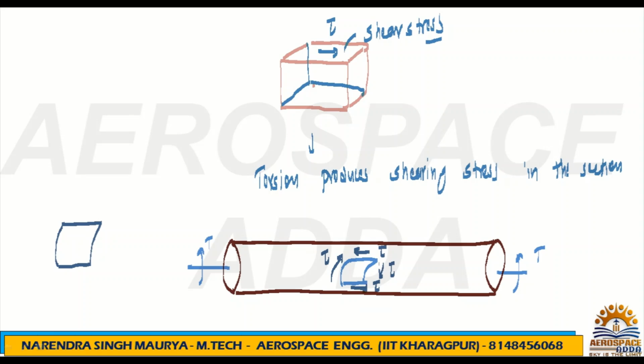Because this complete shaft is connected with the torsion, this particular element will be subjected to shear stress. So the point is very clear: if torsion is existing, shear stress is existing, or if shear stress is there, then definitely torsion will be there. Another example I will give, but this one is very clear. This tau is basically the complementary shear stress.